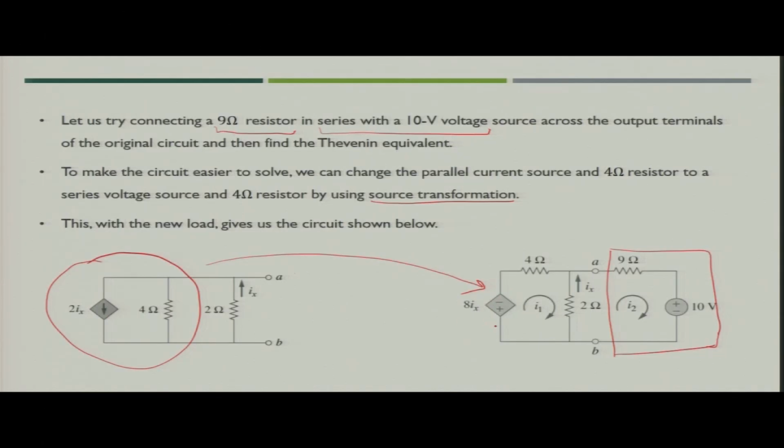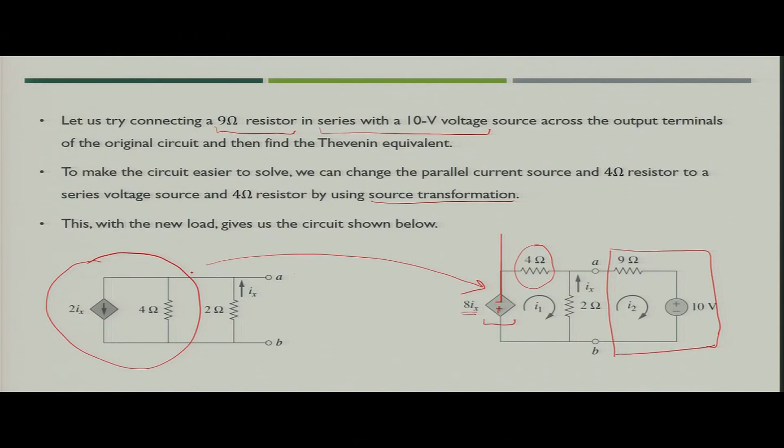The voltage source would definitely be a dependent voltage source, because this was the dependent current source. The value of the voltage source becomes 2 into 4, that is 8 I x, and the polarity would be in the direction of flow of the current. So, the bottom sign is plus, the top sign is minus, and then in series with one 4 ohm resistance.